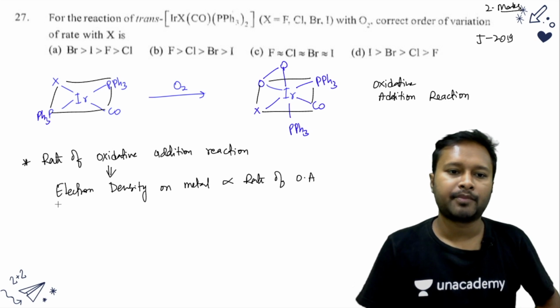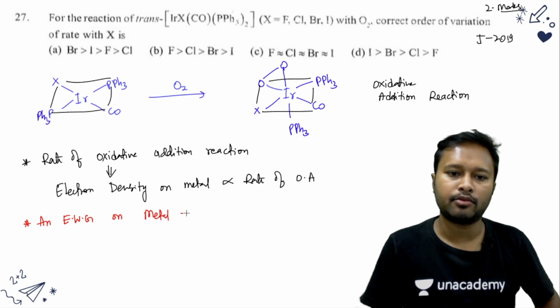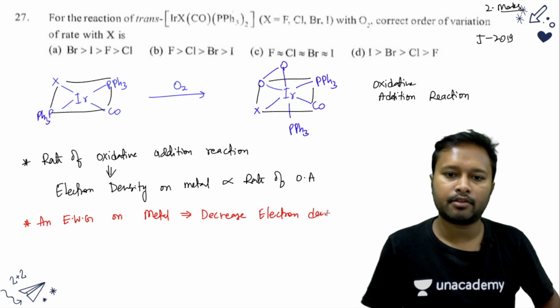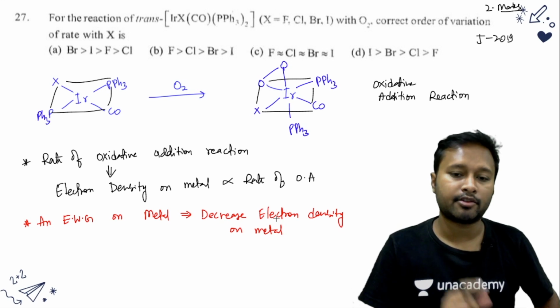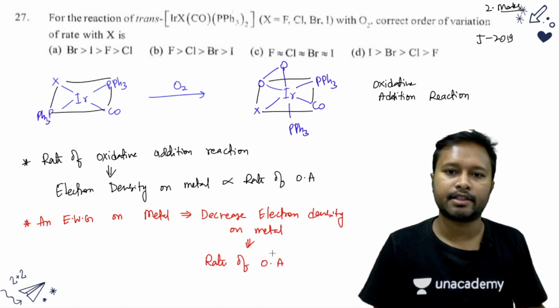That's the point. What you have to understand is just one point: an electron withdrawing group on the metal is going to decrease the electron density on the metal, and if it decreases that, the rate of oxidative addition also decreases.